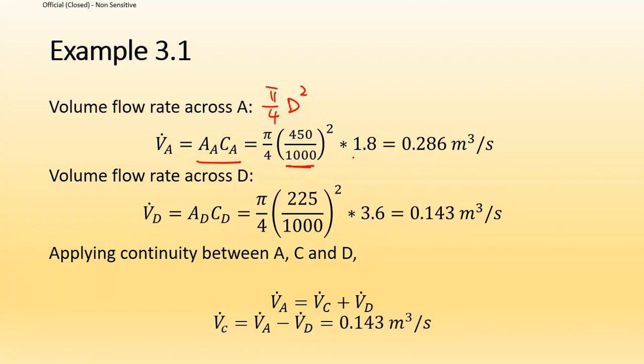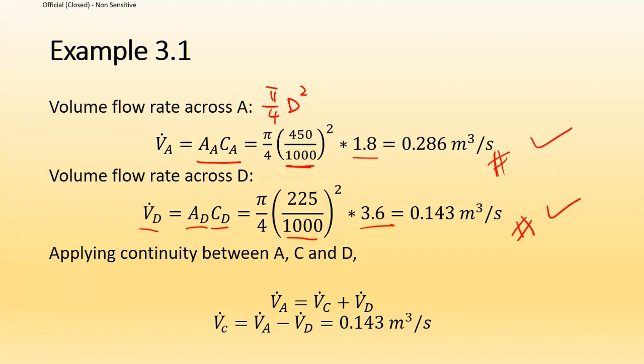Velocity at A is 1.8, and you can get this answer. Similarly for V dot D, the area at D, pi over 4 d squared, same thing, divided by 1000, times 3.6, and you can get V dot D. So we are done with calculating the discharge at A and D.